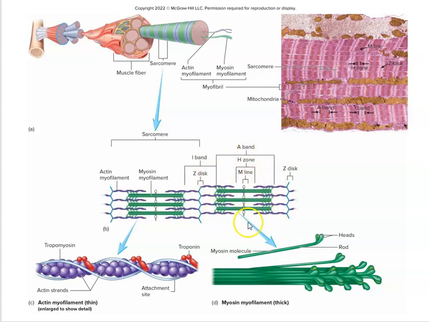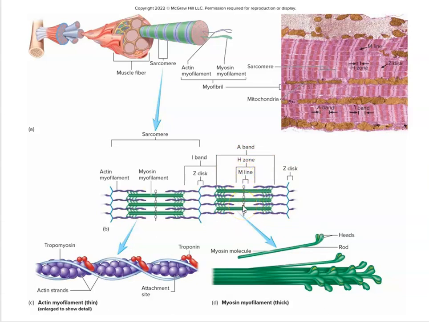So it spans the M line, because that's right in the middle of the myosin, goes towards either direction, and encompasses 2 parts. This area where there's overlap between thick and thin, myosin and actin, and also this H zone where there's no overlap and just myosin.